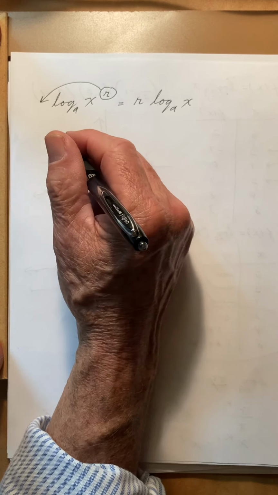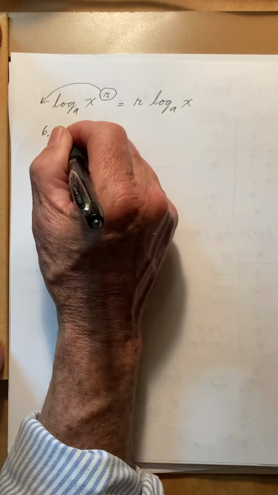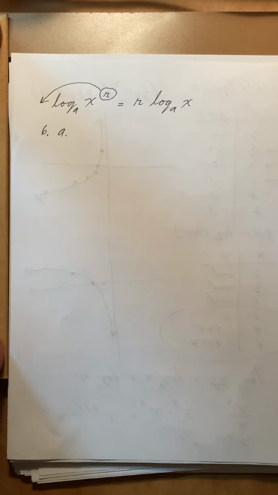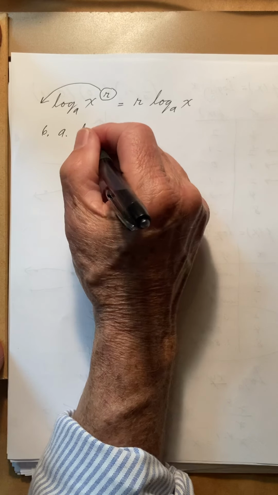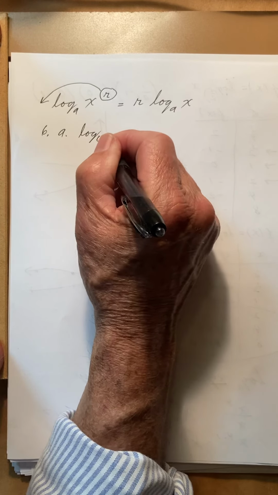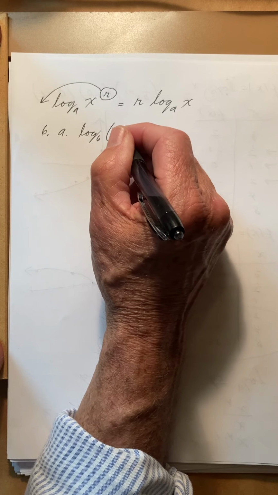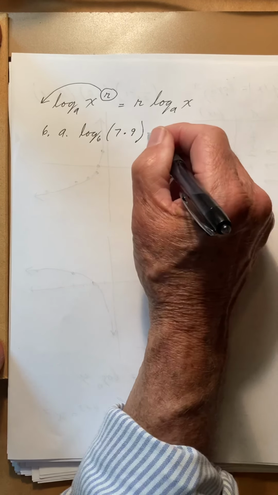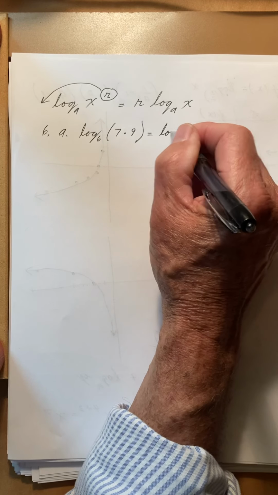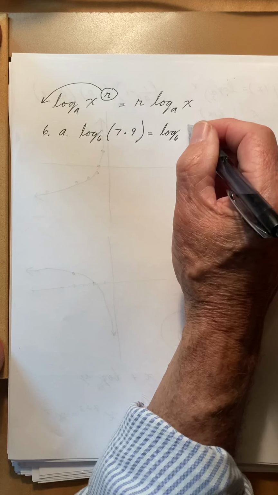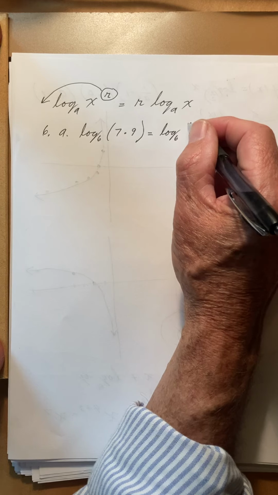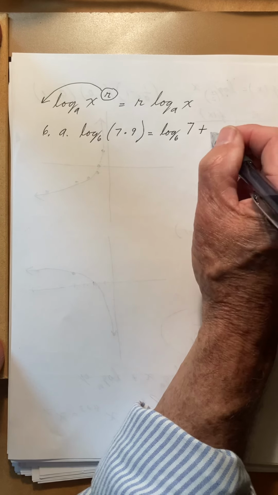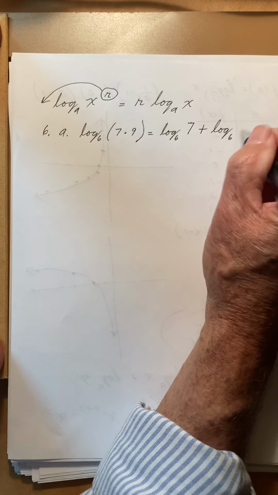So let's do some examples under number 6, part A. We have the log base 6 of 7 times 9, which can be rewritten as log base 6 of 7 plus log base 6 of 9.